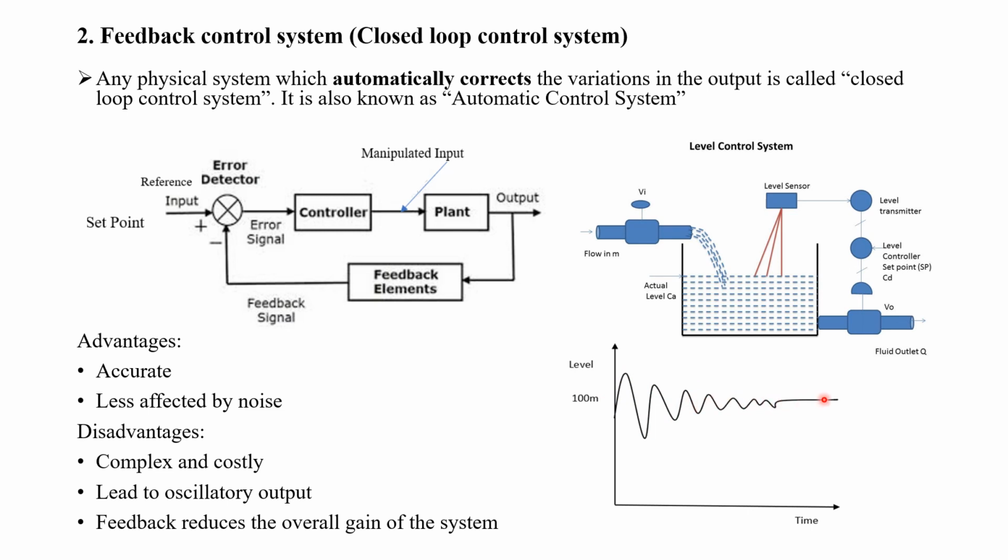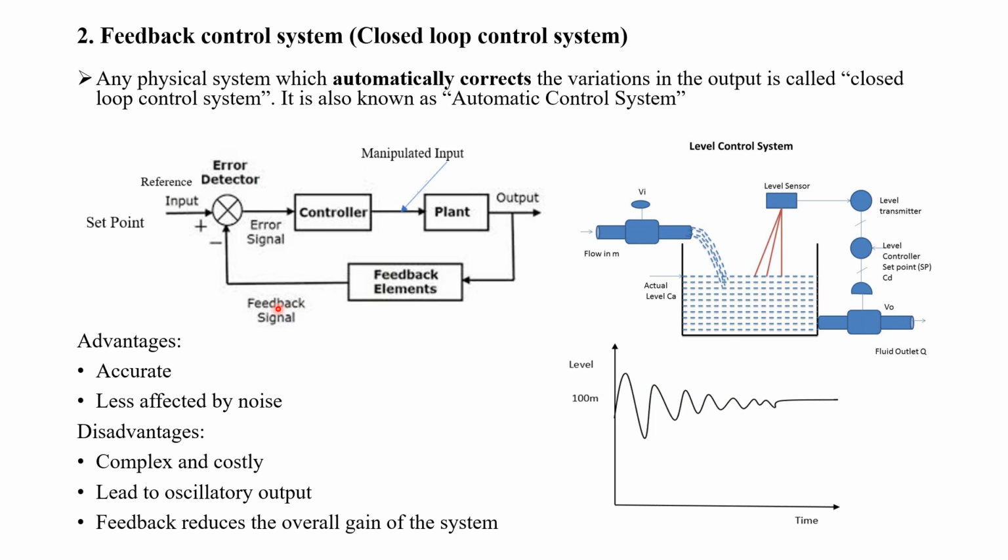Finally it will reach the constant 100 meter height. That is nothing but the set point, or the reference input signal. So this will be the response. From this we can say there will be small oscillations in the output. Anyway, finally it will reach the correct value.